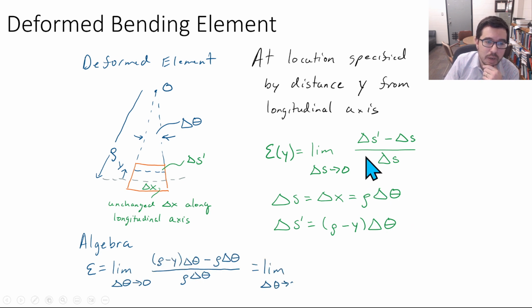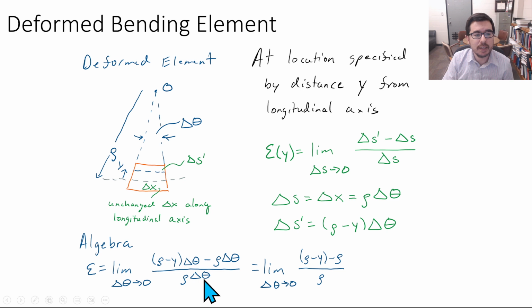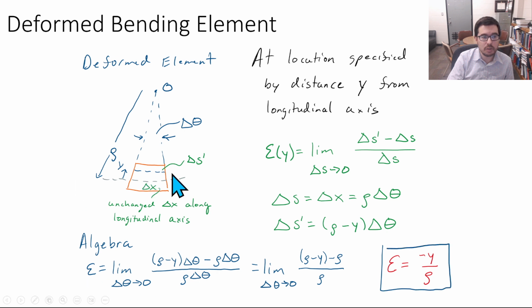So delta s prime is this rho minus y delta theta. We have a delta s, which is just rho delta theta, in the denominator as well. We can get rid of all these delta thetas. And we can also see that we have a rho over rho. And we can describe the longitudinal strain, or strain along the longitudinal axis, as being equal to minus y over rho.